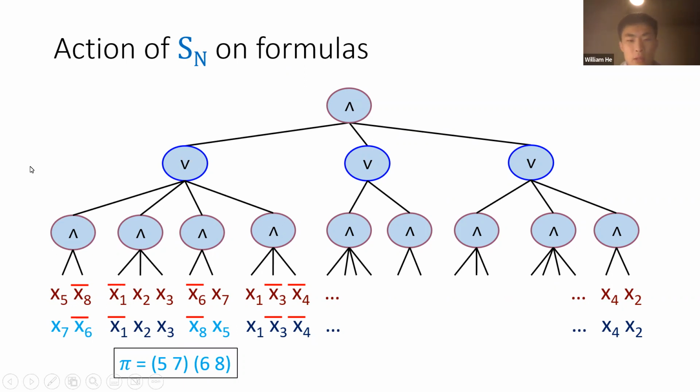And the important thing to notice here is that this left subformula is the same subformula whether acted on or not acted on. Because remember that we regard our formulas as unordered rooted trees.